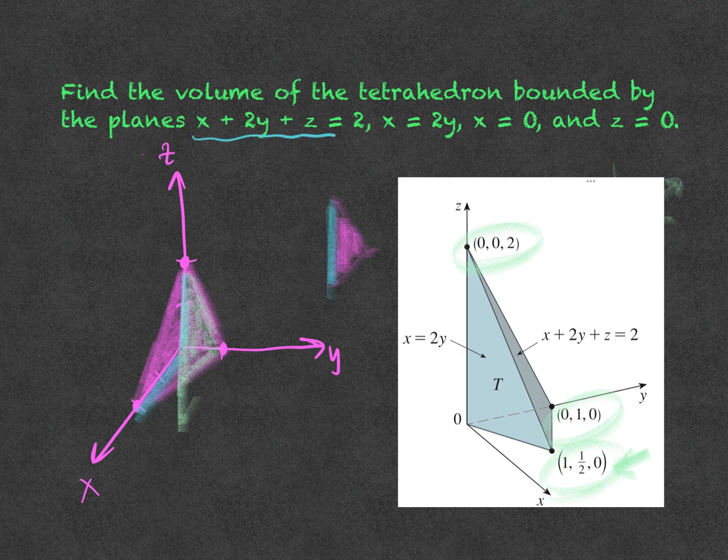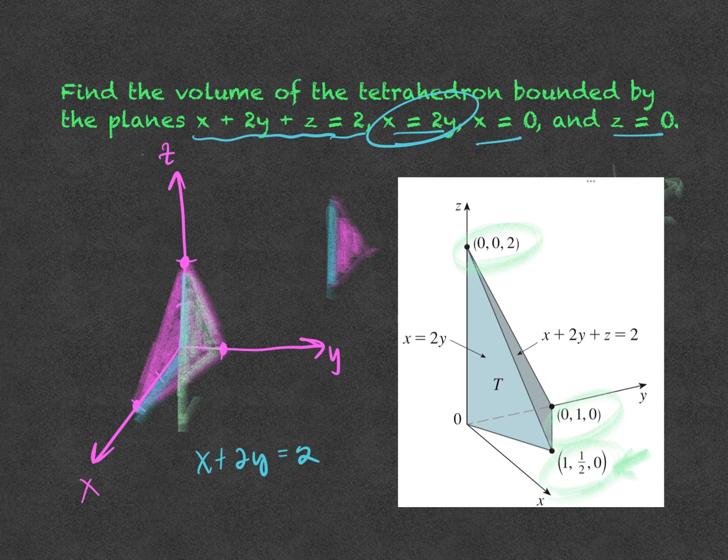We have this equation here, x equals 2y, which we've already dealt with. X equals 0, fabulous, and z equals 0. Well, when z equals 0, we have x equals 2y. So if we take z equals 0 and put that into our other plane, we get x plus 2y plus 0 equals 2.